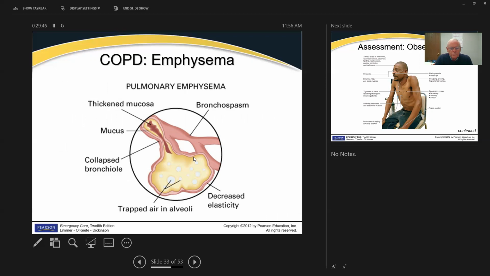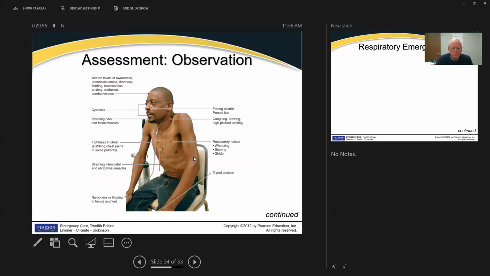And so when you see a patient that has COPD, there are some characteristic things. Look at this guy. He's tripoding. See how he's sitting up and leaning forward? Also, quite often they'll have a barrel chest. With most of us, the anterior to posterior length of the chest is shorter than from left to right.